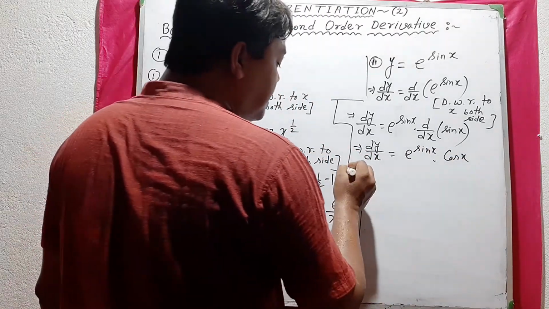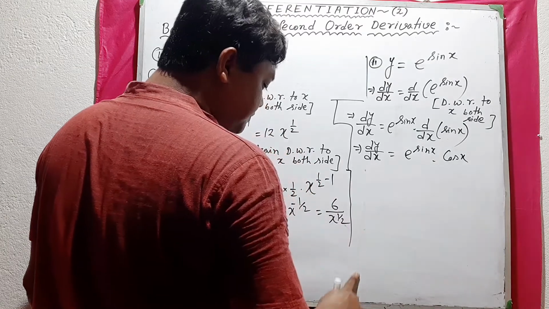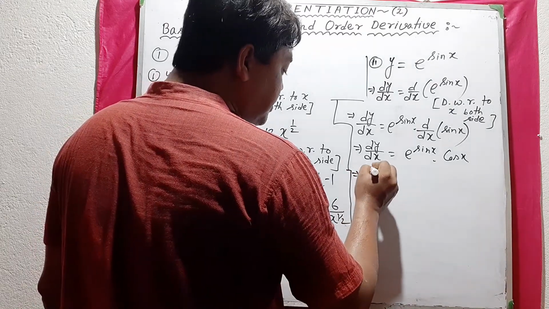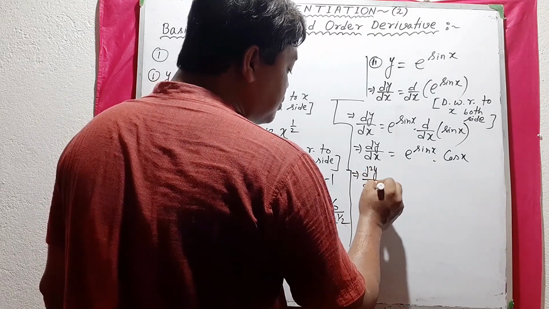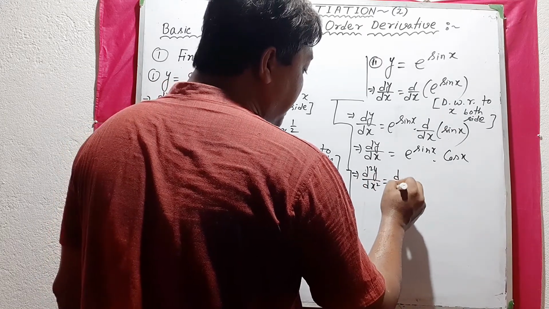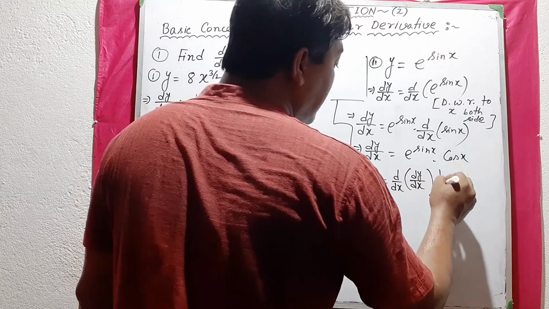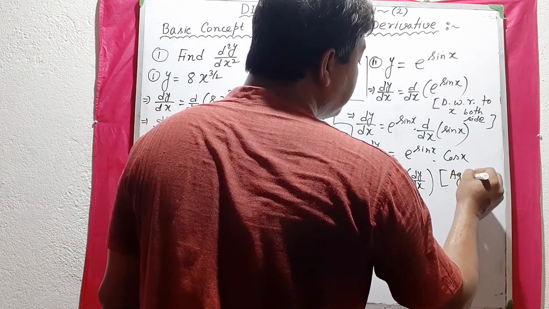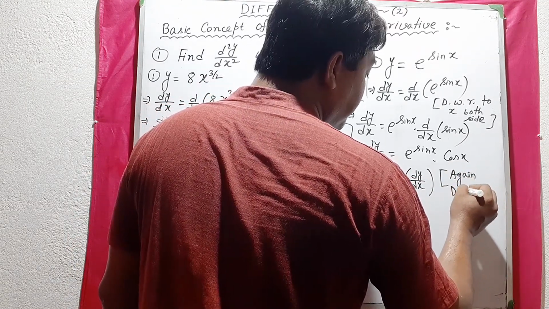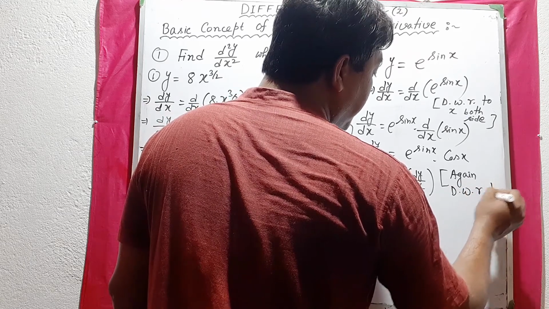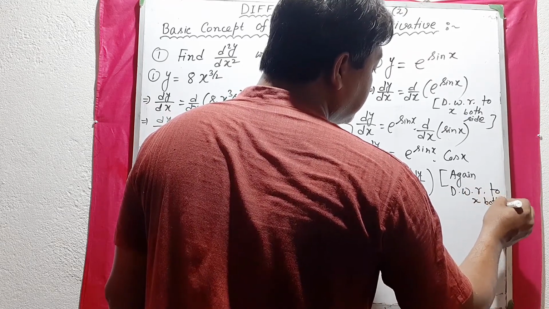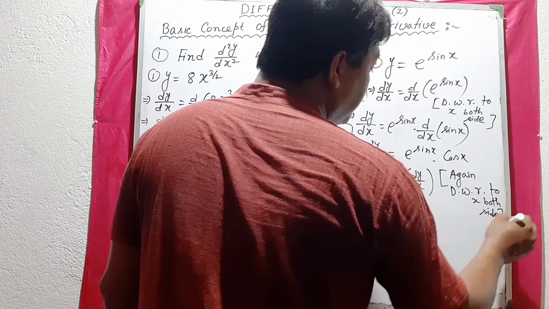So now d2y/dx2 equals d/dx of dy/dx, and we write it down here again: differentiate with respect to x both sides, and now we put the value of dy/dx.